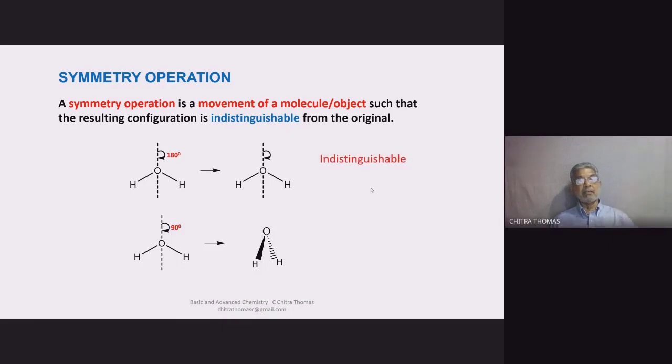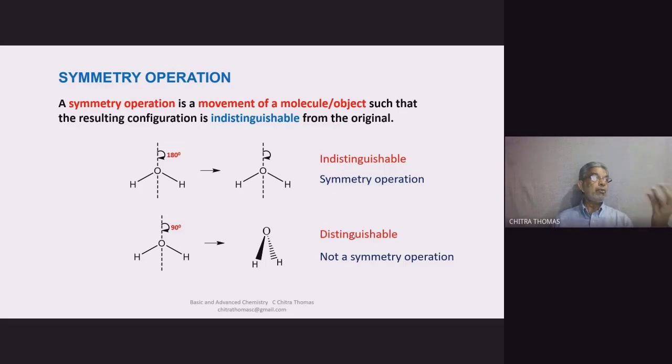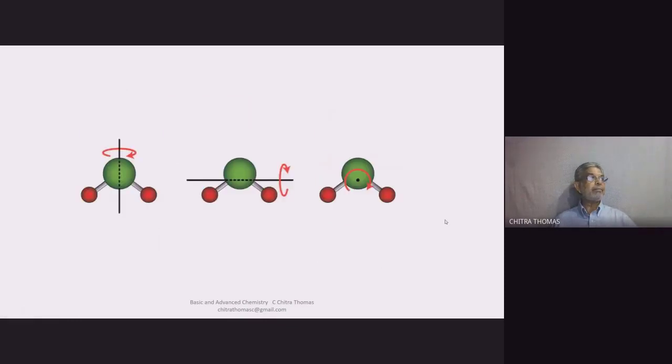This is indistinguishable. So this is a symmetry operation. What about this? These two are clearly distinguishable. So this is not a symmetry operation. And we will be using the two terms, indistinguishable and distinguishable, quite frequently in the further discussions. So when I use these terms, you must know what I really might mean by these terms.